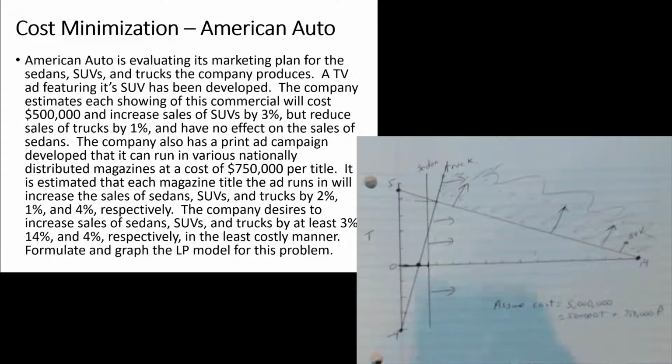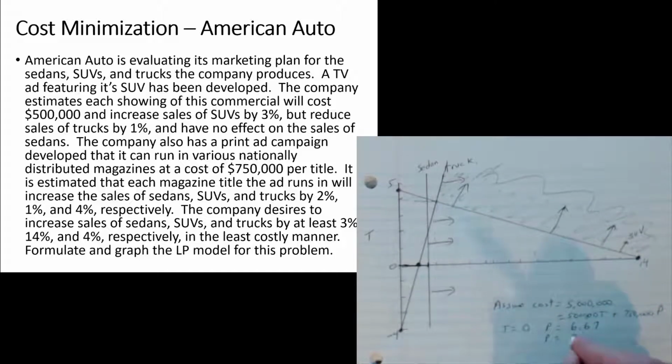Tango and Papa. So if T is equal to 0, what does P equal to? Well, we would take the 5 million divided by 750,000, and we get about 6 2/3.